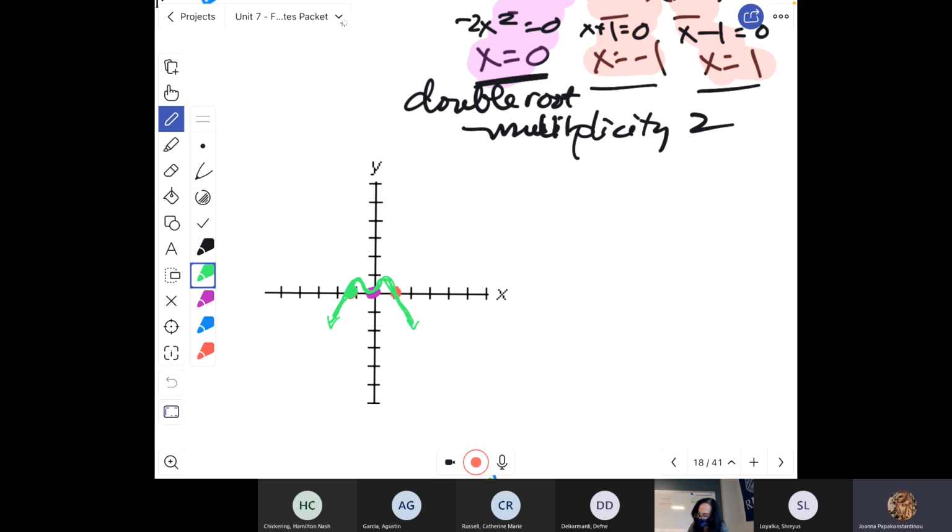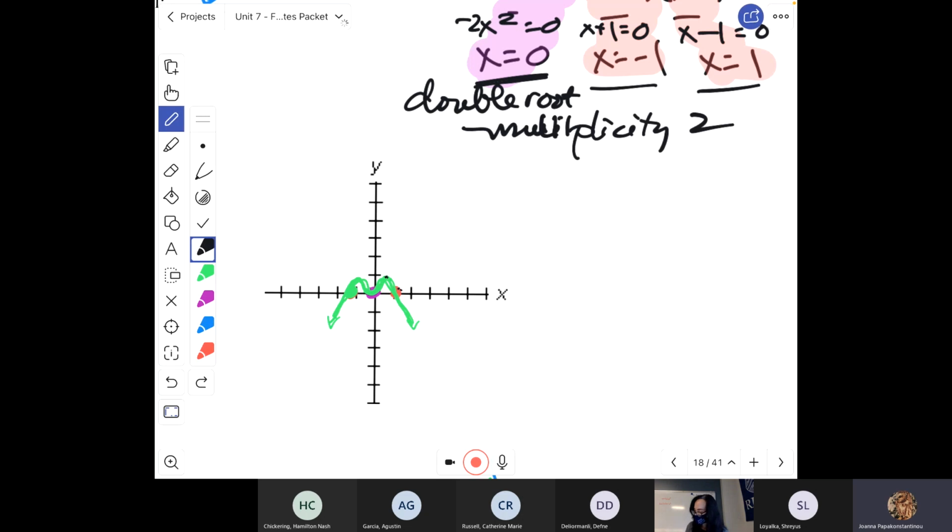It touches and changes direction because this is a double root at x equals 0. So I can do a quick sketch of a graph, right? It's not 100% precise because I don't really know how far. It could technically do this, right? I'd have to get more information to know that. But I'm not concerned about that. I want to know you know what the tails are, you found the roots, and you know what's happening on the x-axis at the roots.